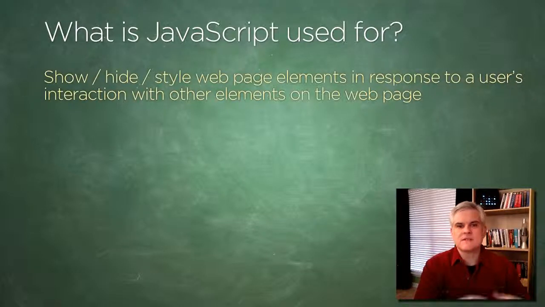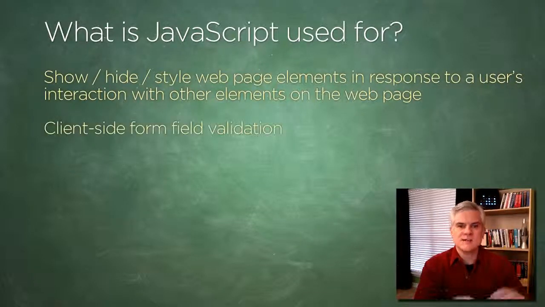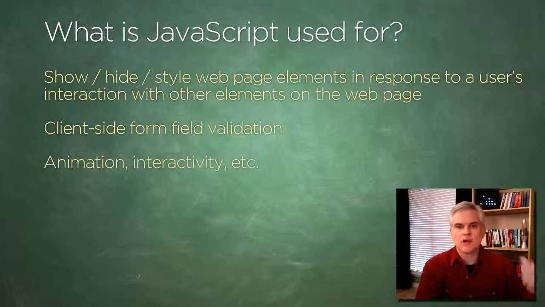JavaScript has been used to validate the entries of users into form fields embedded on the web page as a first line of defense before sending data up to the web server for processing. JavaScript has been used to animate elements on a screen, and this could include graphics that are moving around the page, or content that's sliding into place, or color or opacity transitions, and things of that nature.